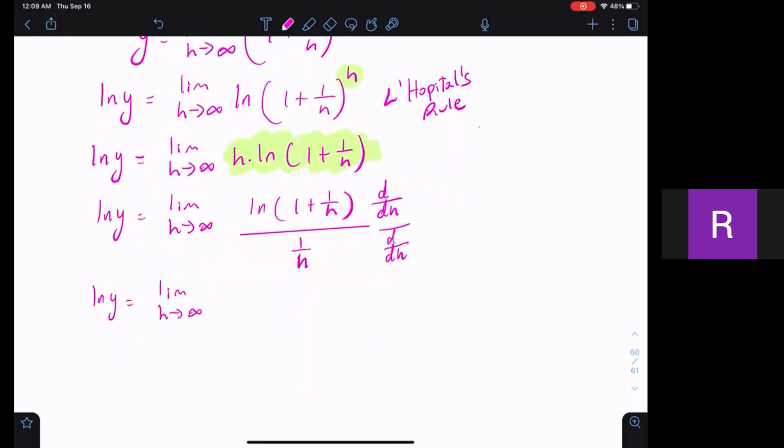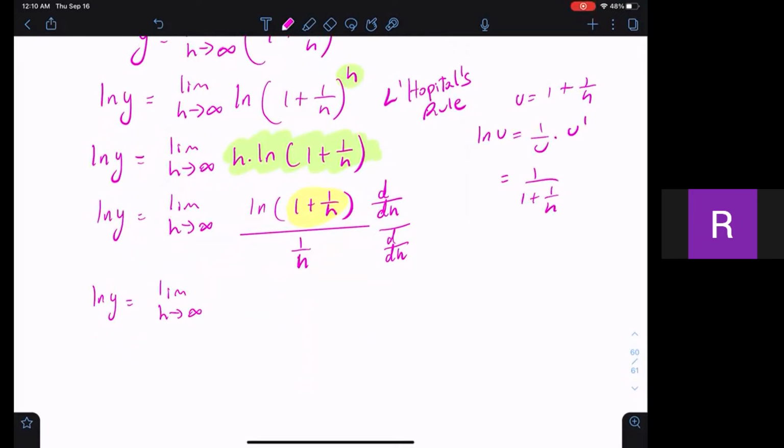For the derivative of ln, you can think of this thing as u. So let u equal 1 plus 1 over h. The derivative of ln u is 1 over u times u prime. So this is equal to 1 over 1 plus 1 over h, times u prime.